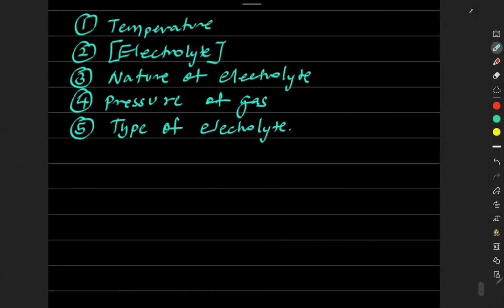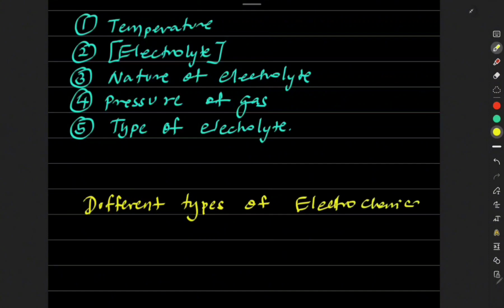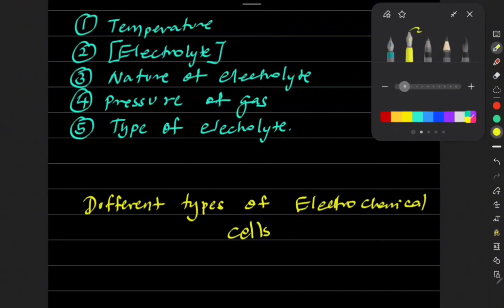Okay, now let's discuss different types of electrochemical cells. Electrochemical cells are used to convert chemical energy into electrical energy.